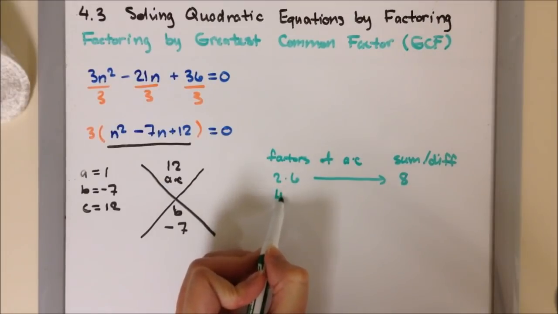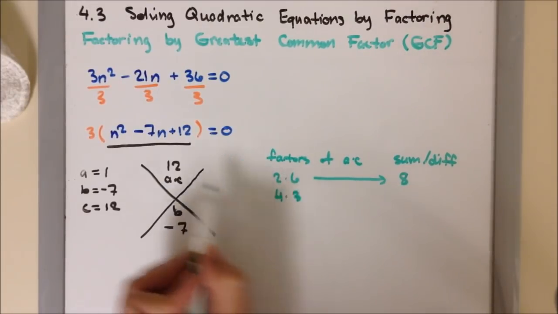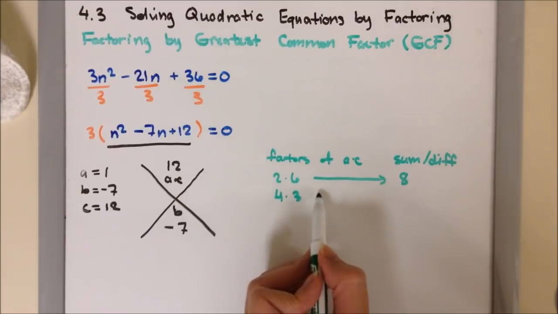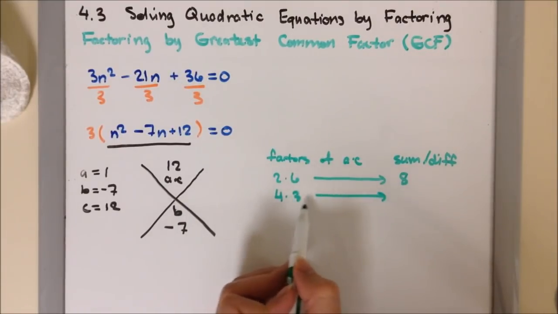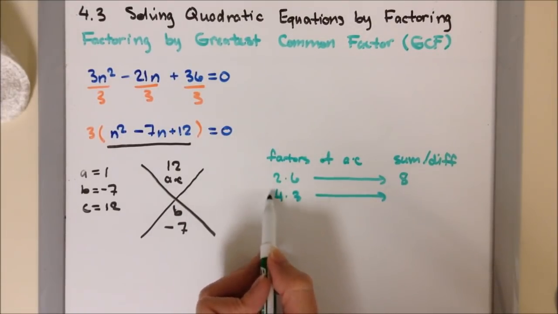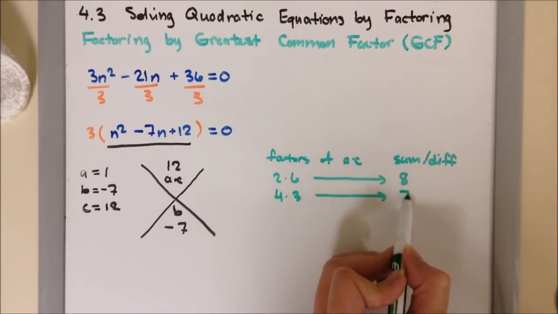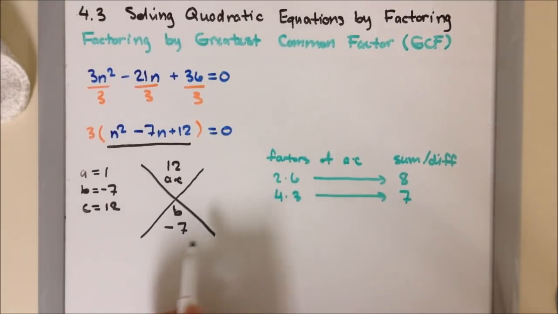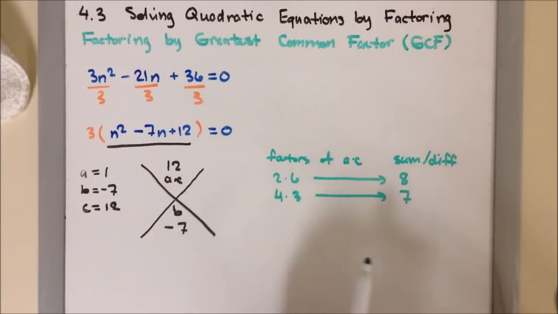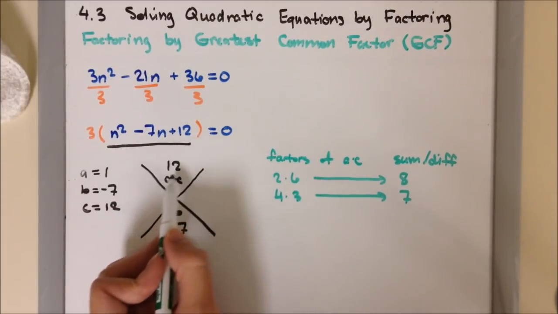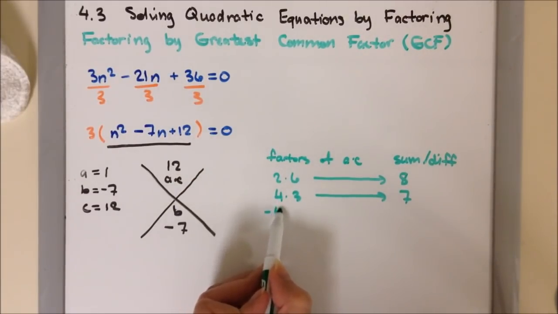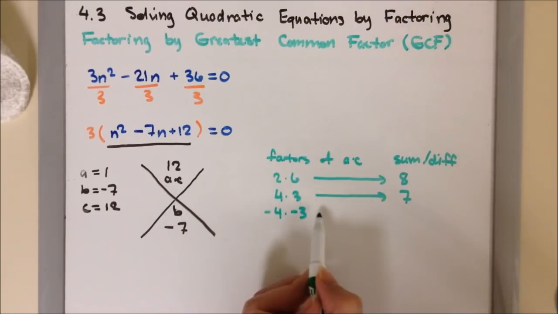Let's do 4 times 3, which multiplies into positive 12. The sum of these two numbers, positive 4 and positive 3, will be positive 7. Doesn't exactly match with our B, so since we're looking for factors of positive 12, you can also use negative 4 times negative 3.